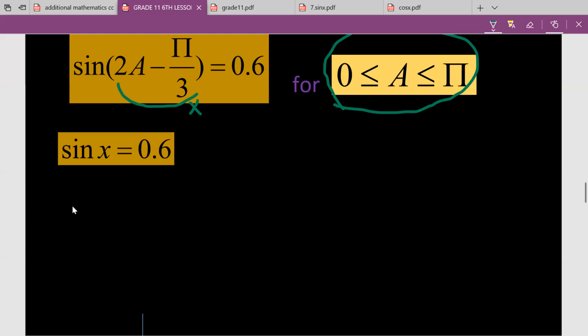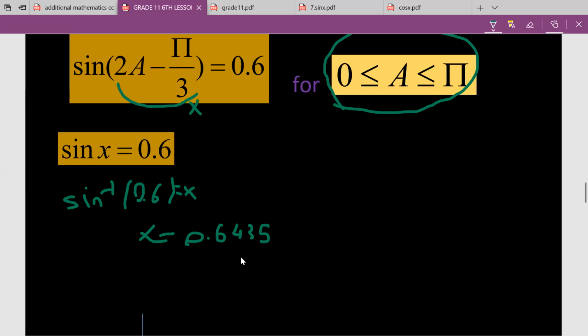Sine x equals 0.6, so x equals inverse sine of 0.6. X will be equal to which value? In radians, do not forget, x equals 0.6435 radians.